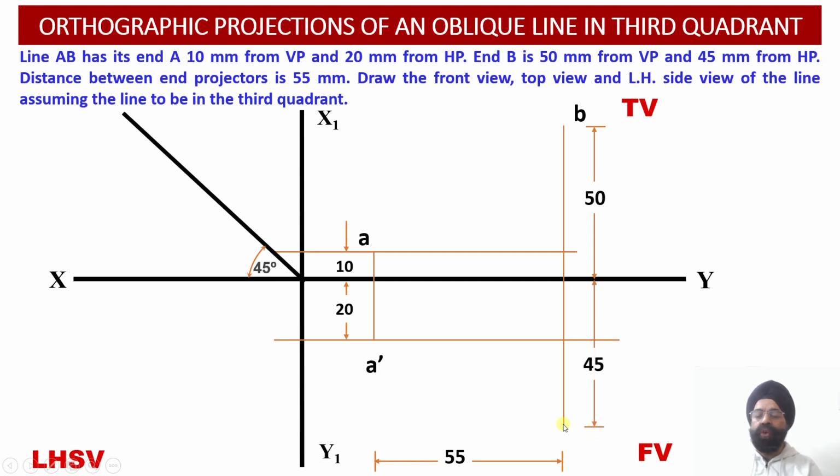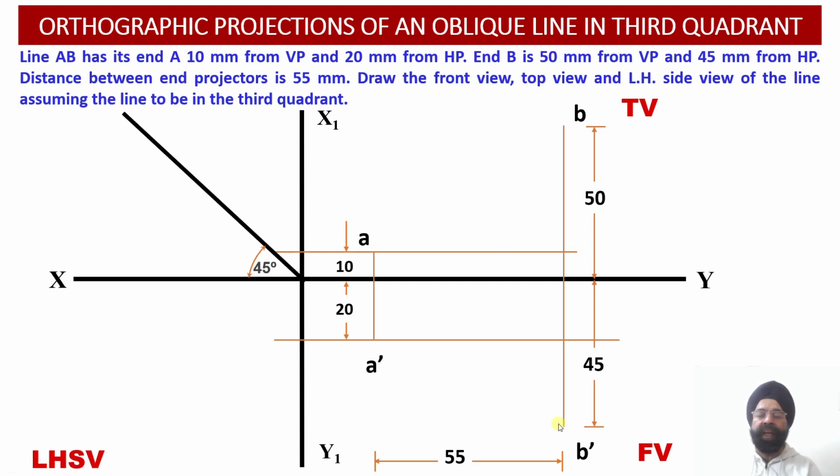So we are going to obtain the front view projection corresponding to the end B 45 millimeter below the XY reference line. So point B dash will be located onto the same projector line where point B was located. So onto the same vertical projector line, we are going to obtain the front view projection corresponding to the point B, that is B dash.